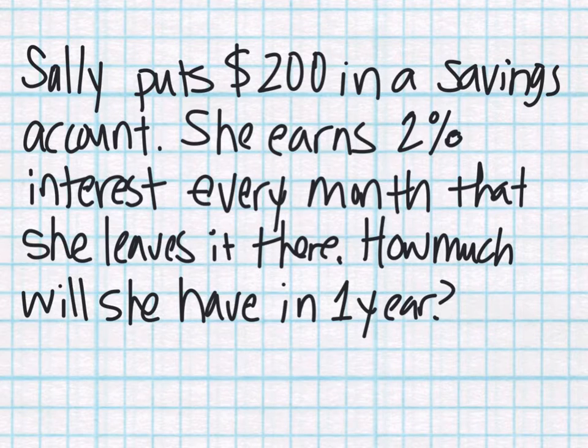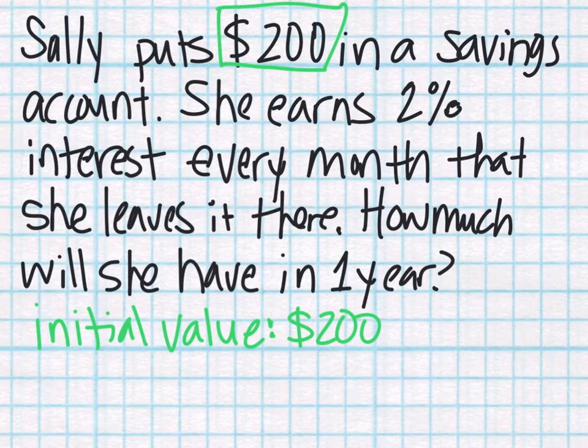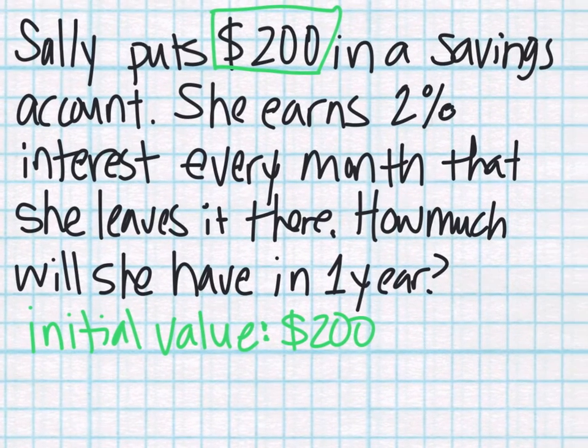So how much does she start with? What is the initial value? Well, the initial value is how much she puts in her account, so $200. Initial value is $200. All right, next we need to figure out what is the percent increase or decrease. So she earns 2% interest.